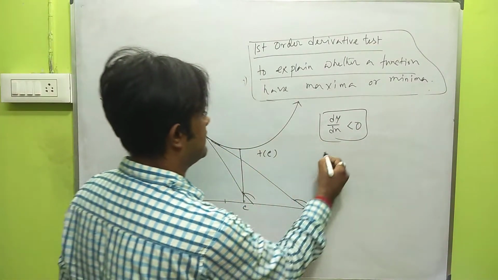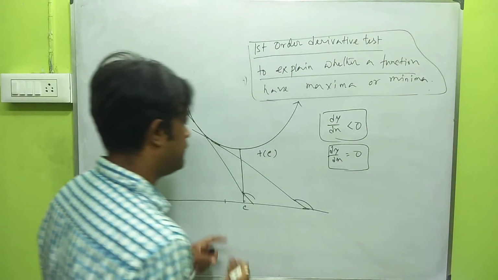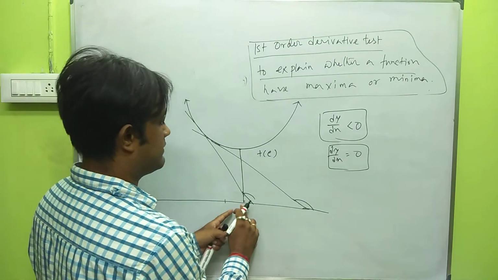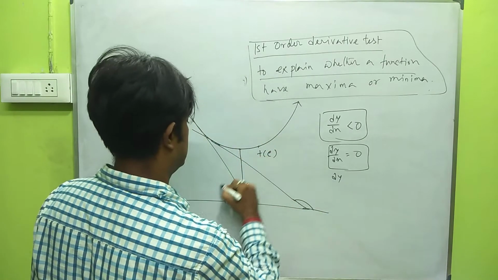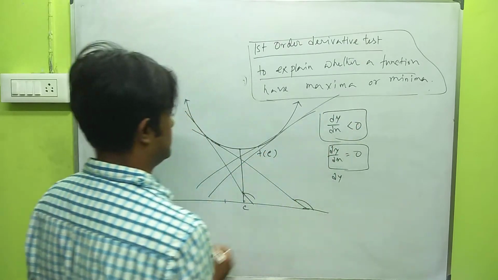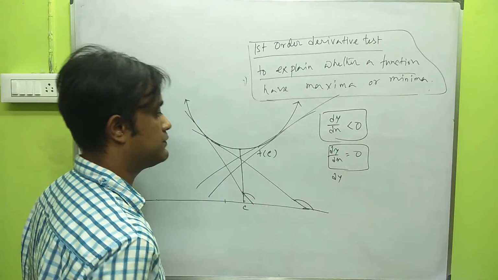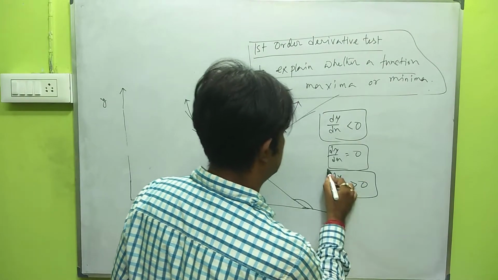At C, dy by dx is equal to 0, and if we go to the right side of C and draw a tangent at any point, then dy by dx is greater than 0.